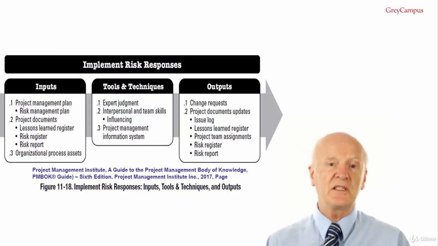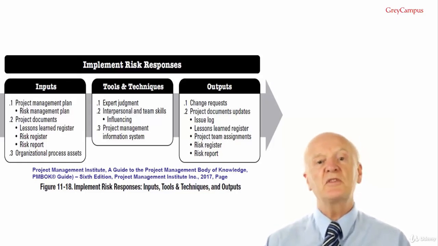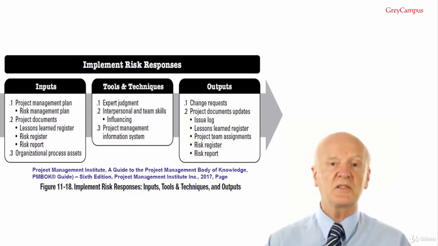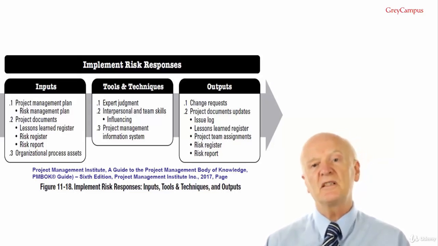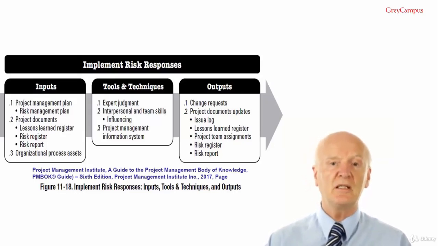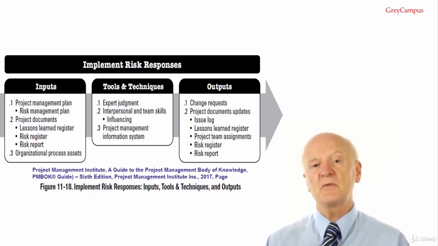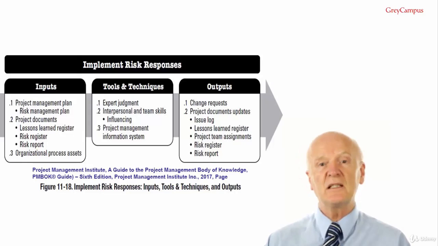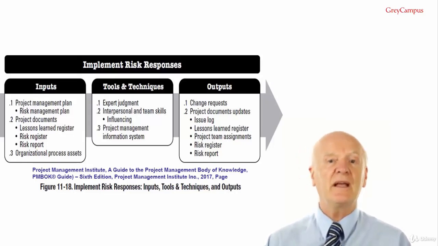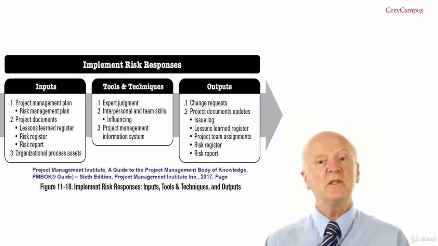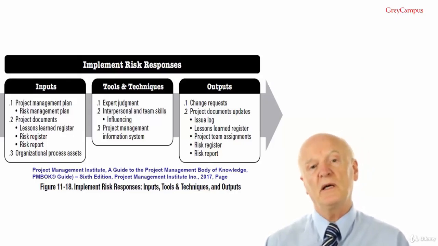This would be influencing. Some risk response actions may be owned by people outside the immediate project team or who have other competing demands. The project manager or person responsible for facilitating the risk process may need to exercise influencing to encourage nominated risk owners to take necessary action where required.